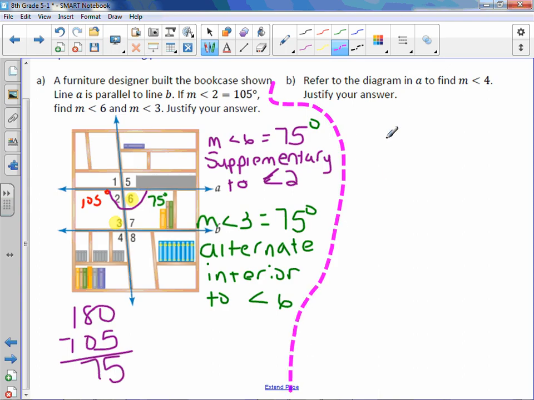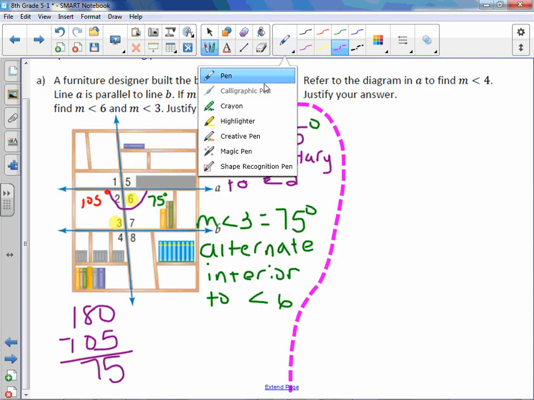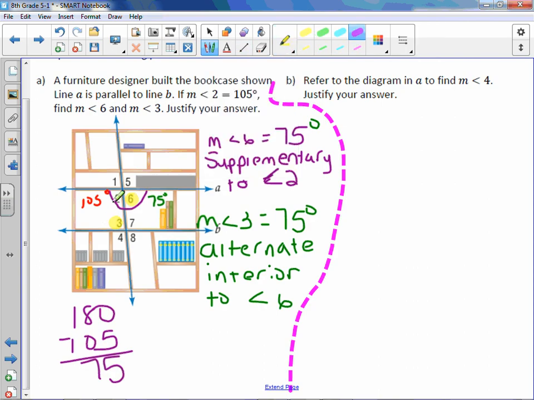Using the same diagram, we want to find the measure of angle 4. There could be more than one answer, more than one justification, but I'm going to use this right here. Angle 4 is in the same position of the intersection as our angle 2, which tells me they are corresponding.